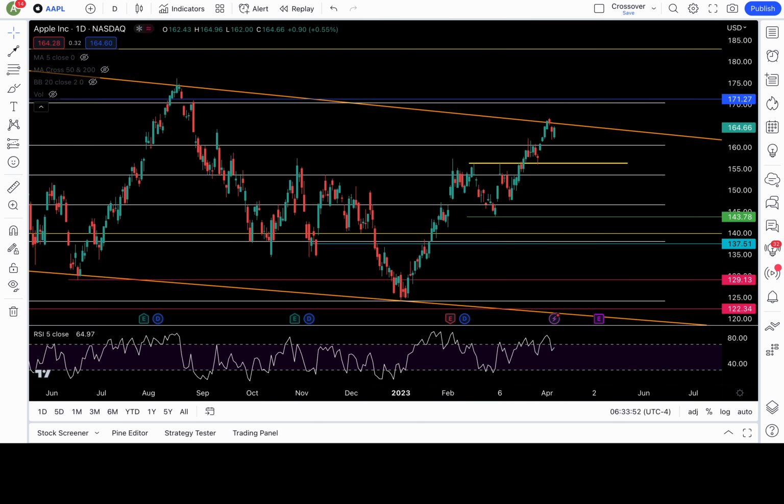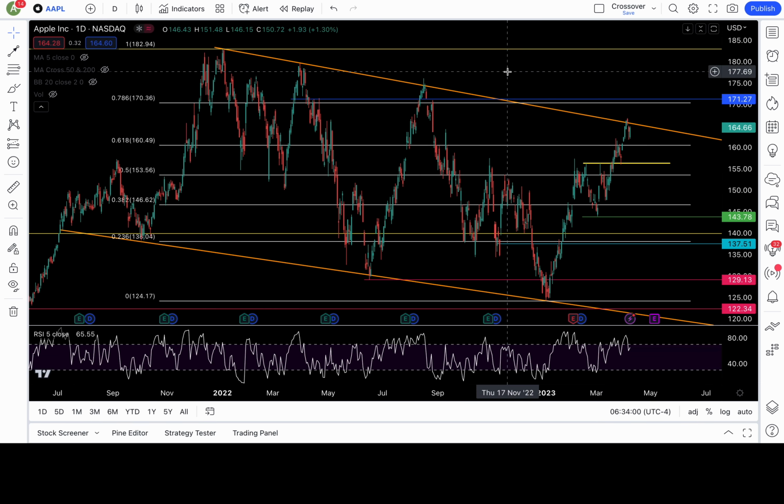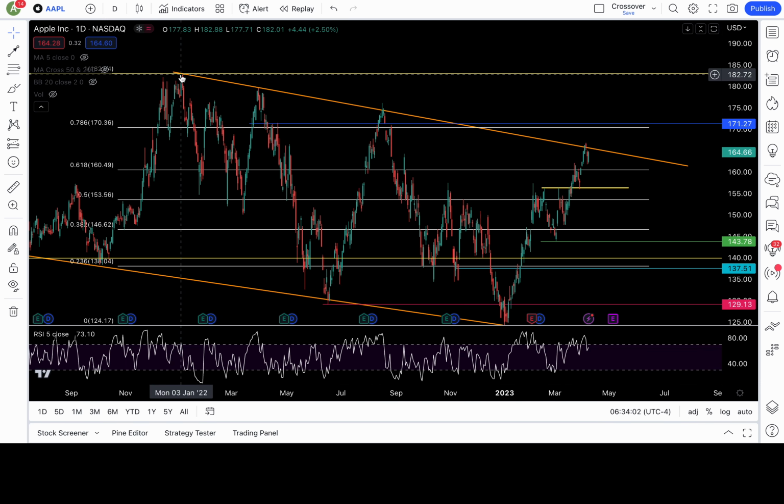All right, Apple, we did have a false breakout of testing this multi-year, this yearly trend line here from January 2022. It did trigger a move back down to support around 162-ish, but it's bouncing there. Okay, so watch for the breakout.